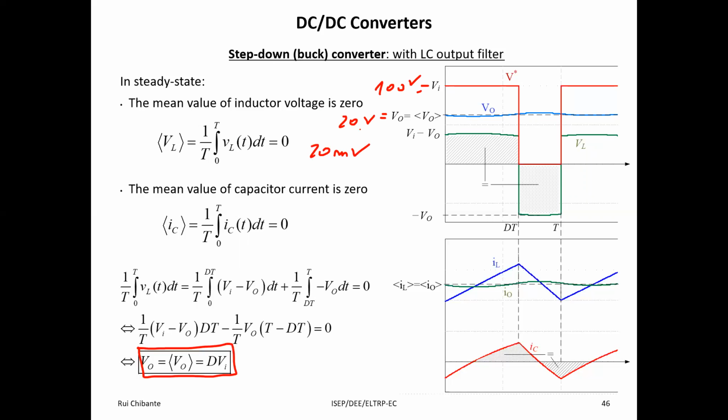So 1,000 times lower. So this is my delta VO. And the idea is, from this specification, to find the value of the capacitor so that this is true.